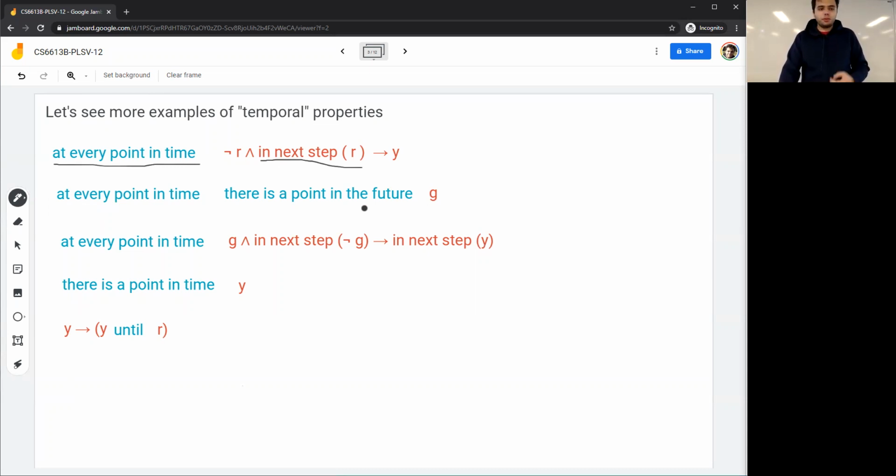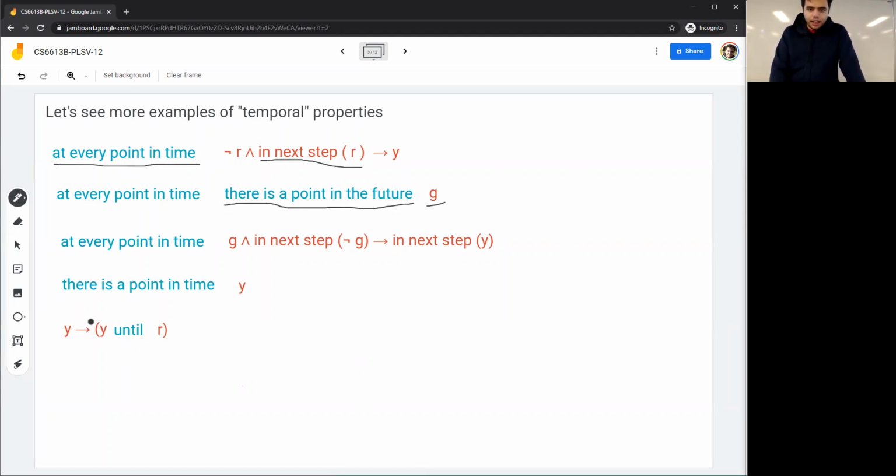So no matter when I arrive, I'm sure that if I wait for finitely many units of time, there is some point in the future where it would become green and I can go. Okay. So this is the third operator that we're seeing, that there is a point of time in the future where something happens.